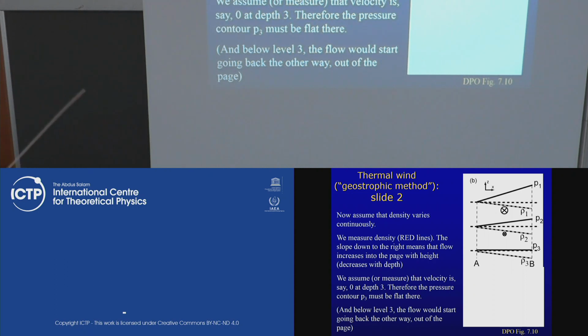Now we can assume that the density varies continuously. We measure density, here is the red line. The slope down to the right means that flow increases into the page with height. We assume or measure that velocity is 0 at depth 3. Therefore, the pressure contour P3 must be flat.